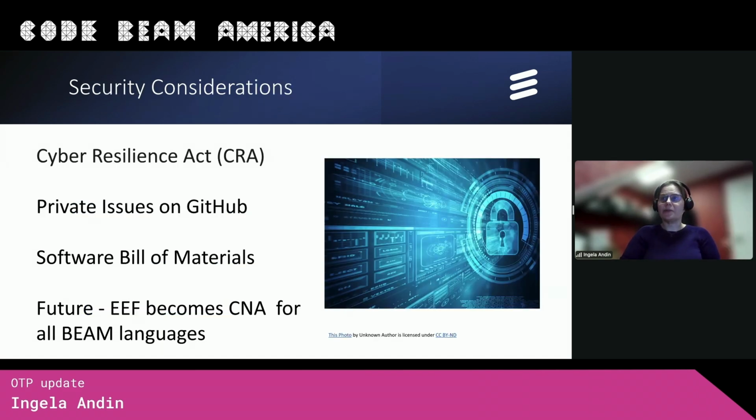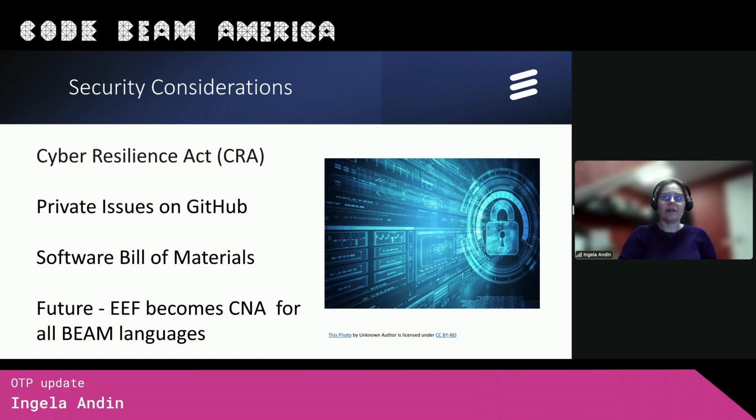Security is also, of course, something that we are always considering. We are following closely the Cyber Resilience Act that the European Union is working on, and the US, of course, is working on similar things. One of the things that we have already done because of this is that we have adopted private issues on GitHub.